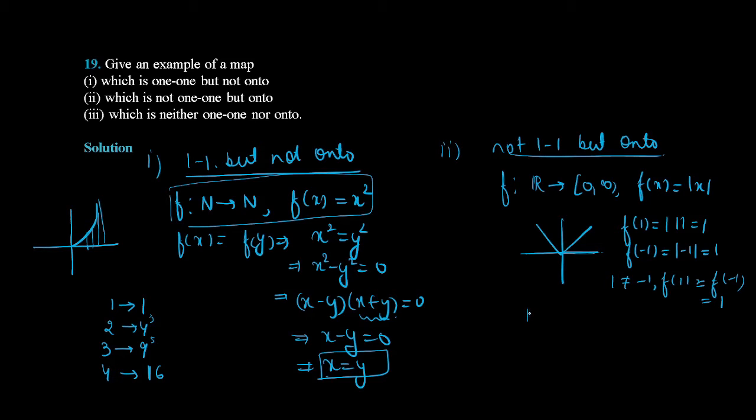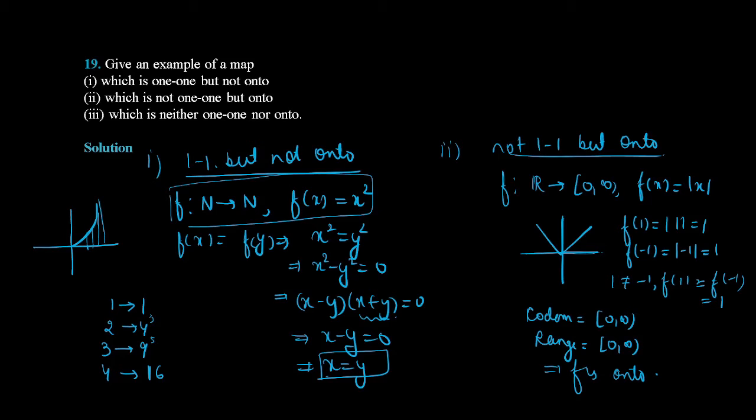The codomain of this function is 0 to infinity, and the range of the function is also 0 to infinity. So codomain and range are the same, which means my function is an onto function. So I can say that this is not one-one but an onto function.